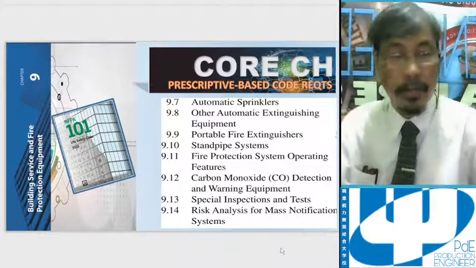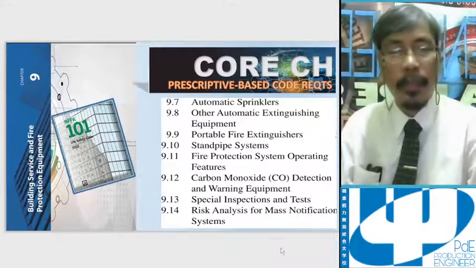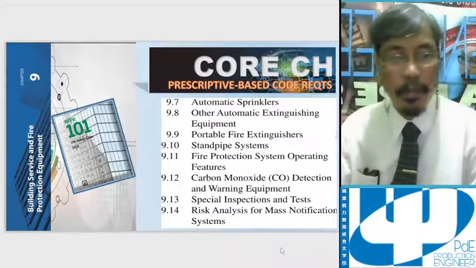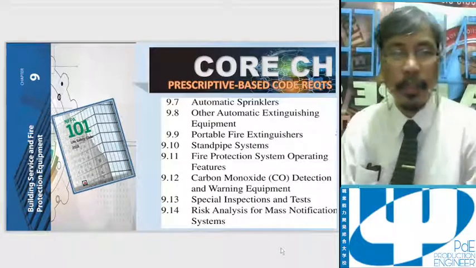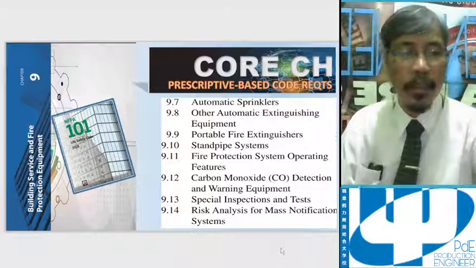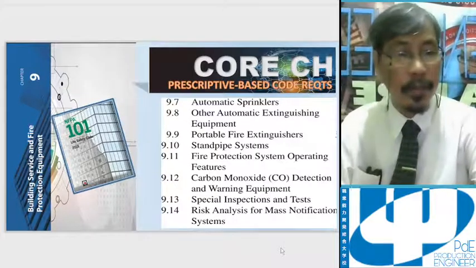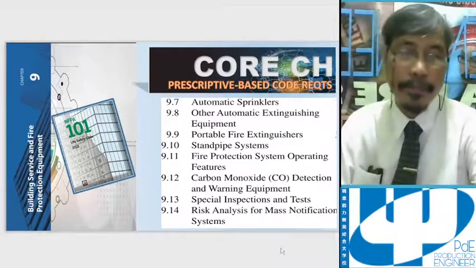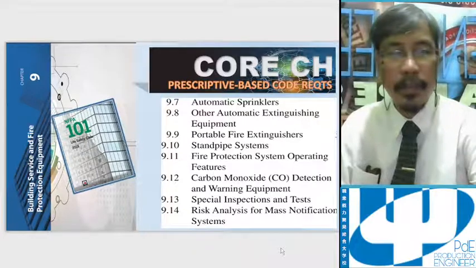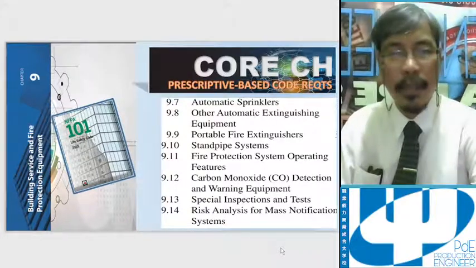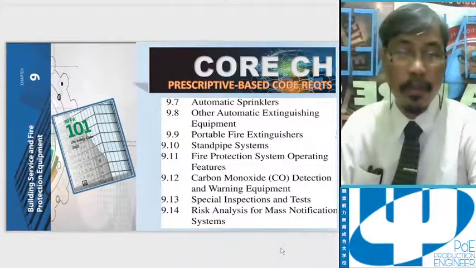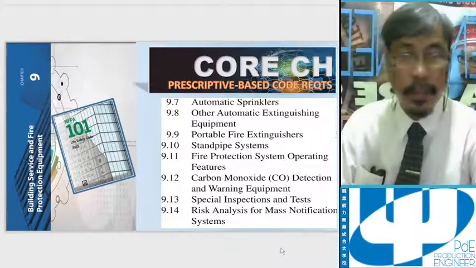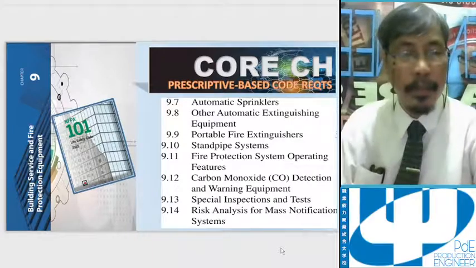So we'll tackle it one by one later on. Fire protection system operating features, carbon monoxide detection and warning equipment, special inspection test, risk analysis. So even risk analysis for mass notification system. So there is plentiful engineering involvement in this chapter.